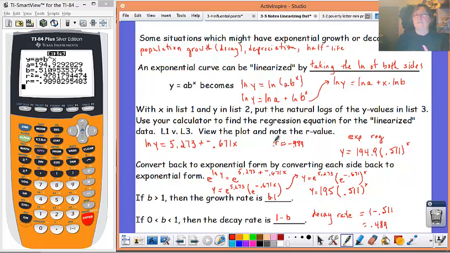And remember how when we did our linear regression, we came up with this value of r? The calculator, when you tell it to do an ExpReg, is giving you the value of r that you would get from doing the linearization. So the point of this was to drive you crazy? No, it was not.